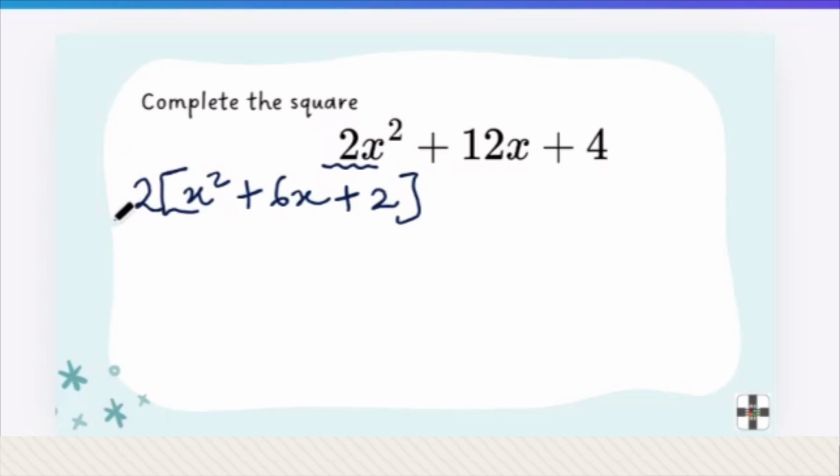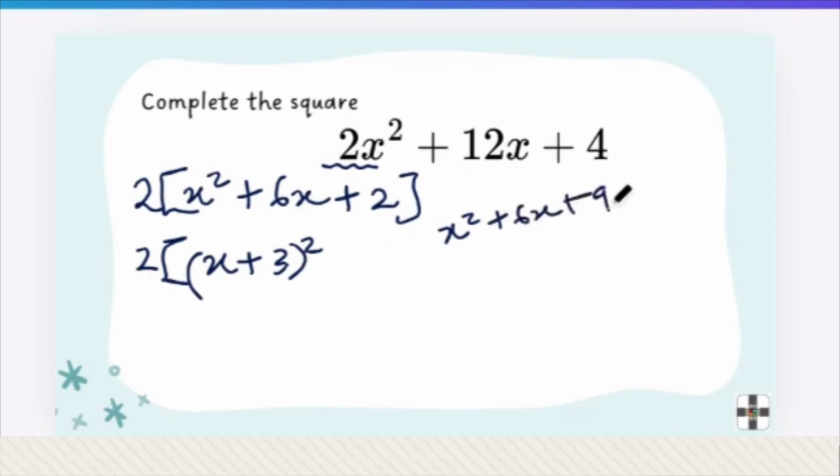Once you've taken that 2 outside the bracket, then you can deal with the term inside the bracket. To complete the square for this one, we have 2 times x plus 3 squared by halving the second term. And that's going to give us x squared plus 6x plus 9.